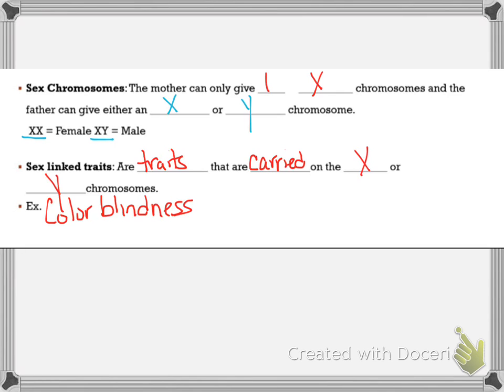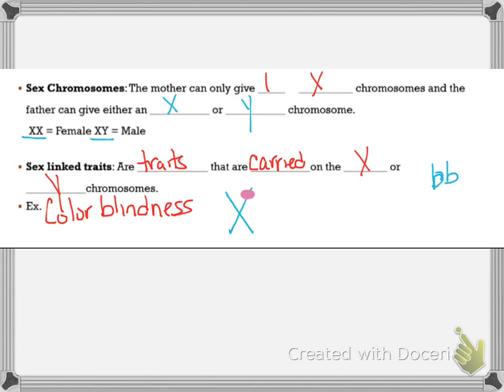And so if you have one X and you have this gene here, and it's a recessive gene for colorblind, you would be colorblind if you had two lowercase b's in this case. If you had two of those, that means you'd be colorblind. So in this instance, this X has that gene.